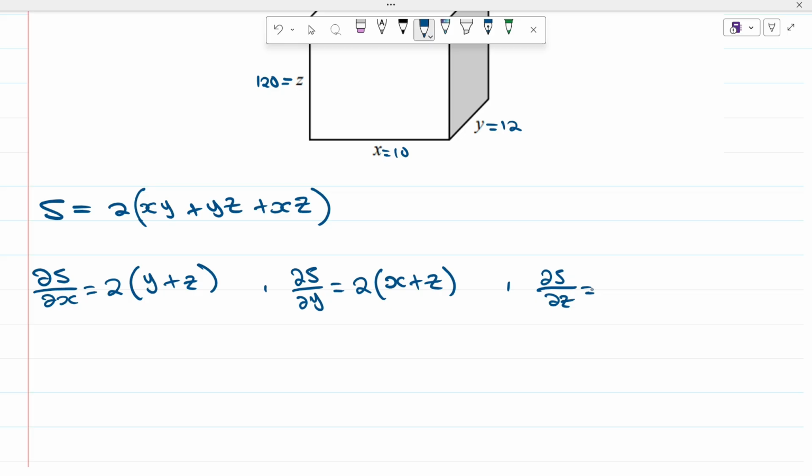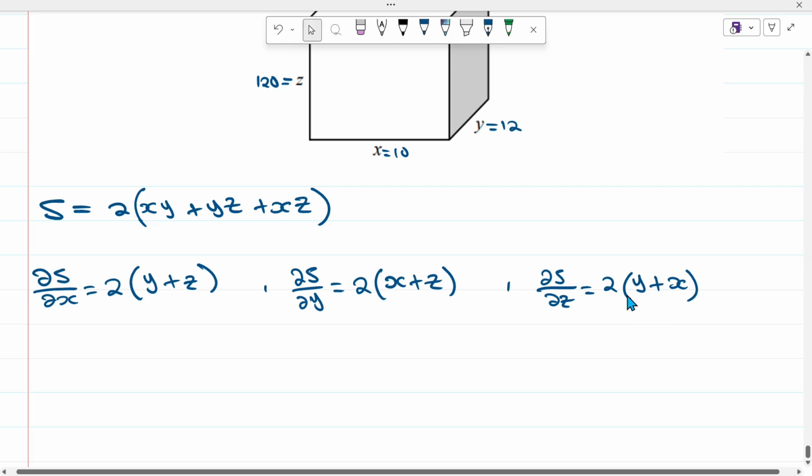This is going to be equivalent to 2 into y plus x. When we differentiate with respect to z, the xy term is going to be 0, and then we have y plus x. So yeah, that's correct.